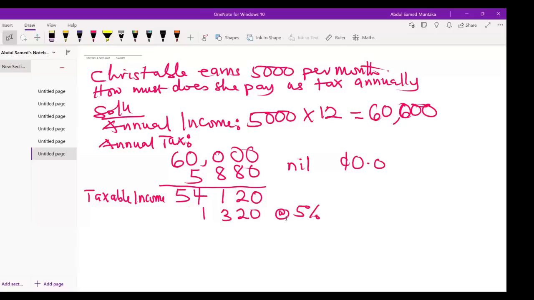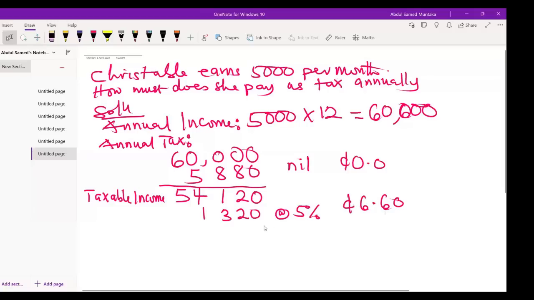Just do that. So 0.05 times 1,320. That is 66 cedis.